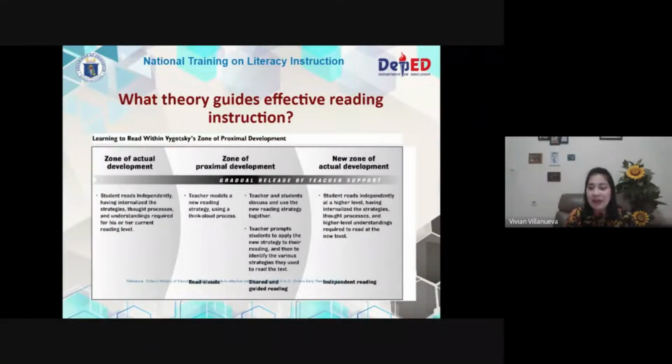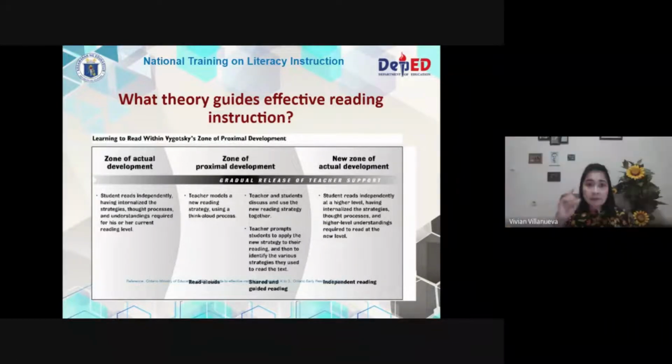So with the kids, how do we apply that, Miss Vivian? By giving them some questions, just like what happened in the lesson. I gave them some questions, and they understood. Oh, Mother Teresa is like this. This picture is telling us that Mother Teresa loved to help the poor.